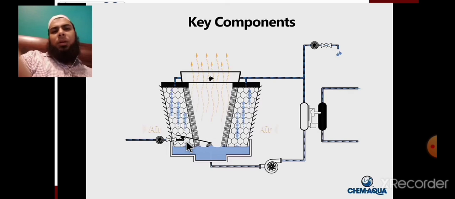In this way, the water cools down. When the incoming water from the condenser is 58 or 50 degrees centigrade, from this cooling tower its temperature cools down to 23 degrees centigrade. So you can see that when the 23 degrees centigrade water meets the condenser at 58 degrees centigrade, it suddenly cools down the refrigerant.